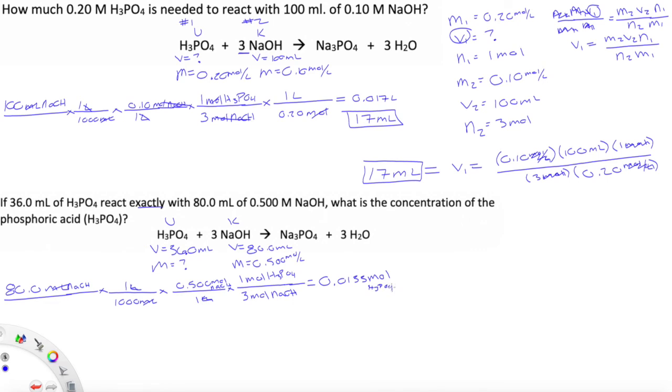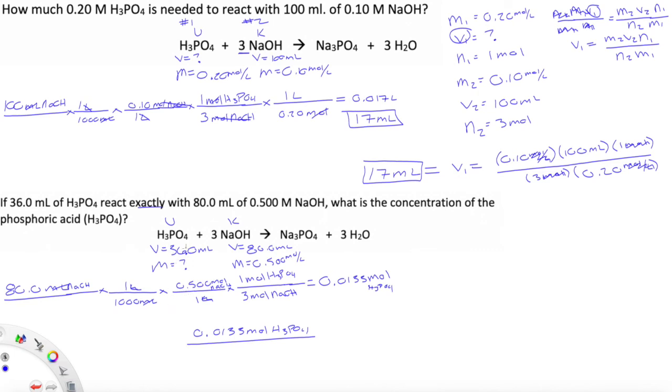H3PO4, okay? And if the problem told me that the volume that was required was 36 milliliters, that means I have 0.0133 moles of H3PO4 divided by, and I have to convert 36 milliliters to liters in order to get a molarity, because molarity is always in moles per liter.